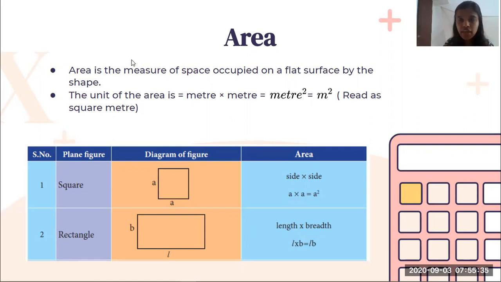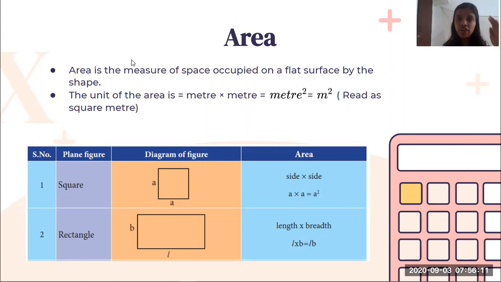Examples are length, mass, time, etc. We have 7 fundamental quantities, and for them 7 SI units. We also talked about the international system of units, which is used so that we don't get confused.